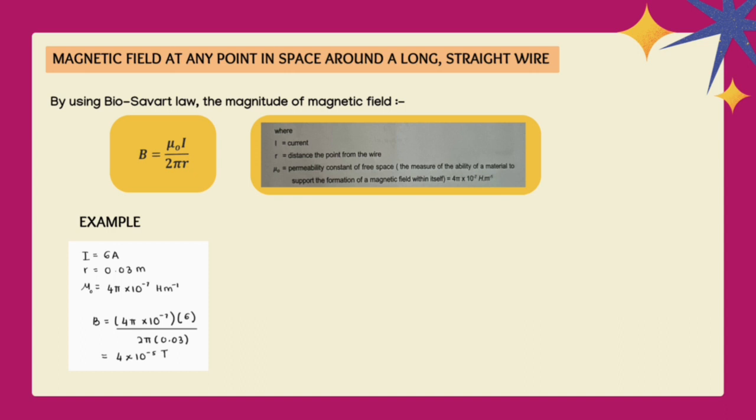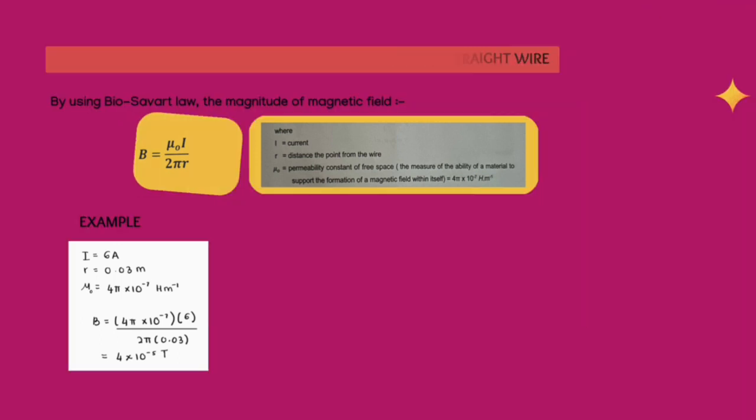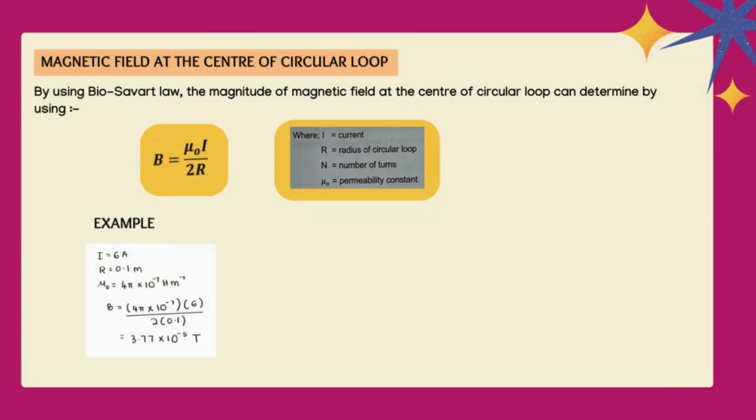So the answer is 4 × 10^-5 T. Secondly, for the circular loop, we can also use the formula that has been given in the slide. Just insert the values, which is I is 6 ampere, R is 0.1 meter, and permeability constant as usual. So the answer is 3.77 × 10^-5 T.